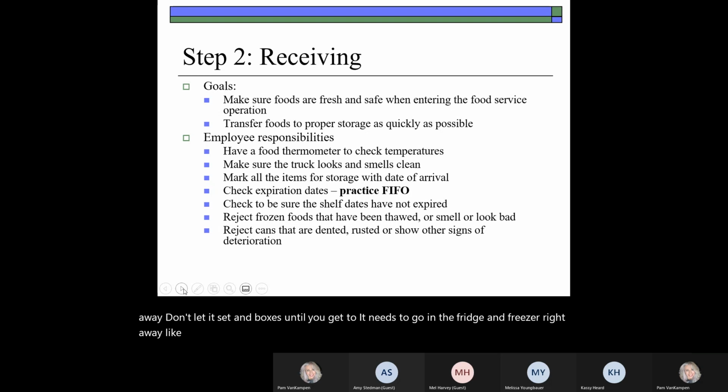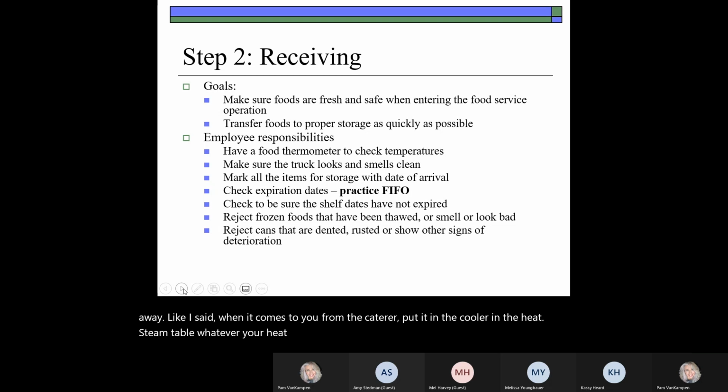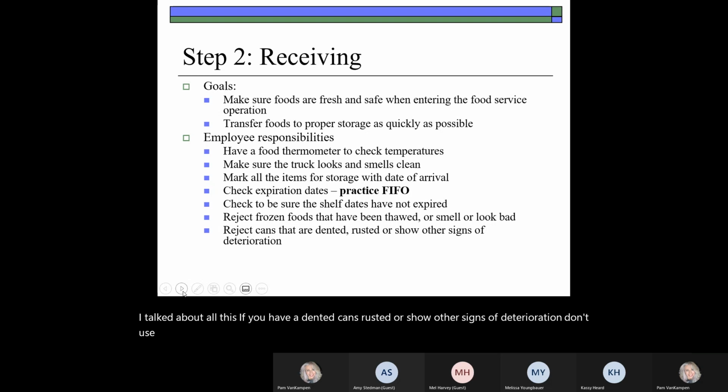Like I said, when it comes to you from the caterer, put it in the cooler or in the heat steam table, whatever your heat source is. Have your thermometers to check things, check expiration dates, practice first in, first out. I talked about all this. If you have dented cans, rusted, or show other signs of deterioration, don't use them. Give them back to the nutrition director, and they need to go back to the caterer.